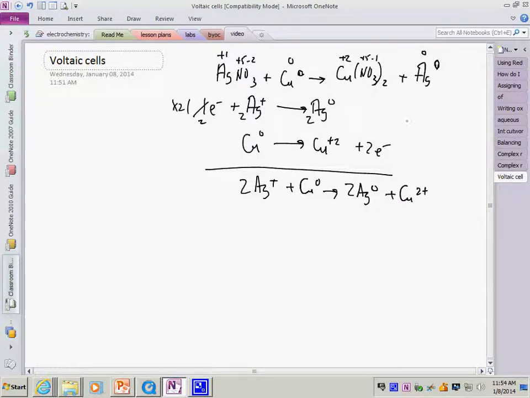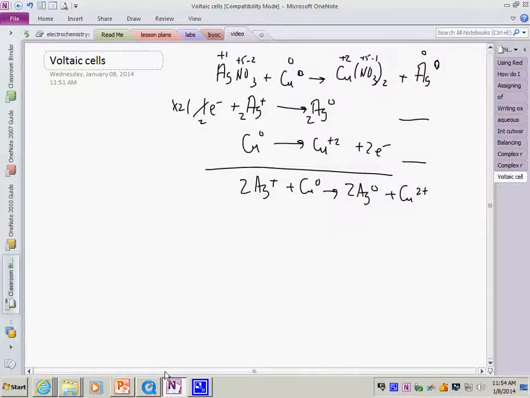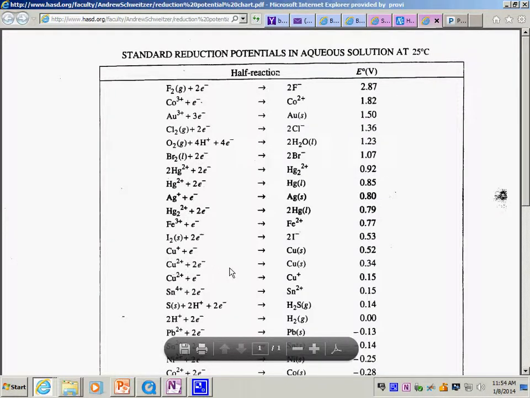To know if it's going to run, you would grab your voltages, and I will do that quickly here. Looking for reduction of silver ion is right here at a plus 0.8 volts. Then the oxidation of copper is going to be on the chart, but it'll be reversed, so it'd be a negative 0.34 volts because this is the reduction.